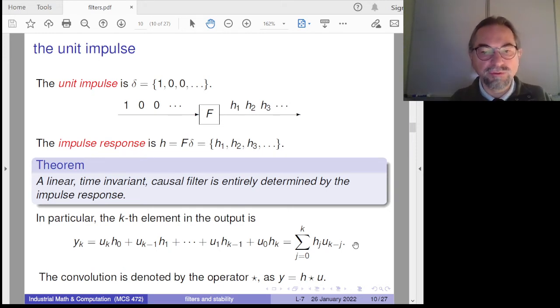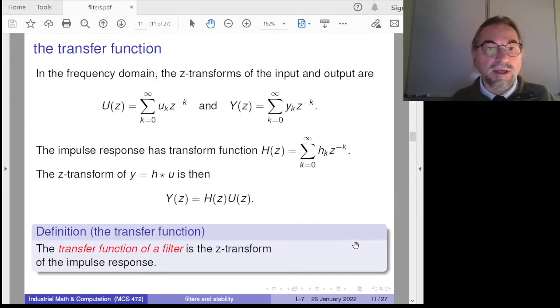The values for h are the impulse response, and the u's are the symbols that we use for any input. So given any input and given the impulse response, you can compute the values of the output by computing the convolutions. Okay, this is important.